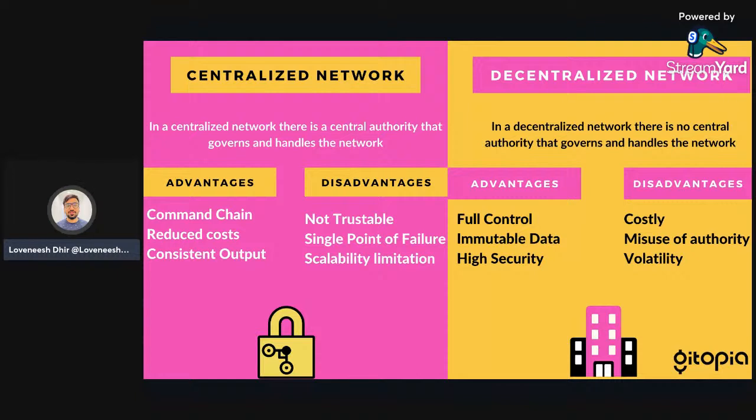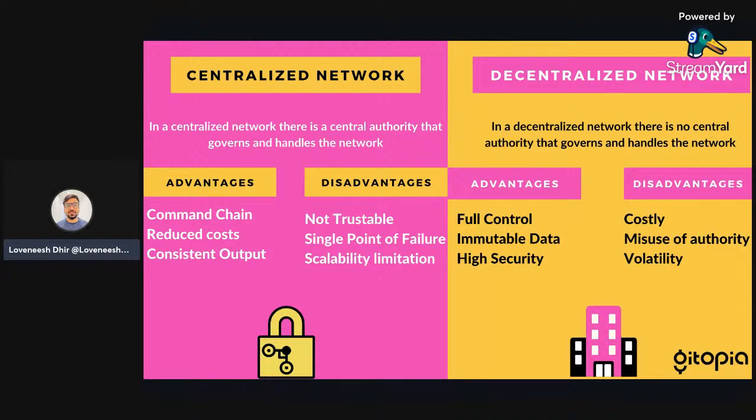So there is no loss of data as well. And the third advantage is high security. Decentralized networks are secure because of the method by which they handle and deal with the transactions and data. These decentralized networks use cryptography to ensure that data ledgers are secure.